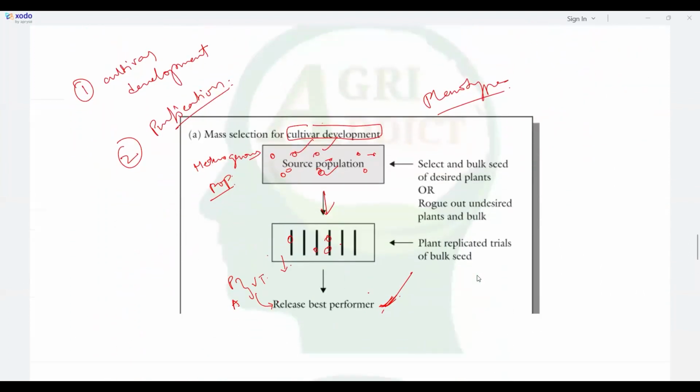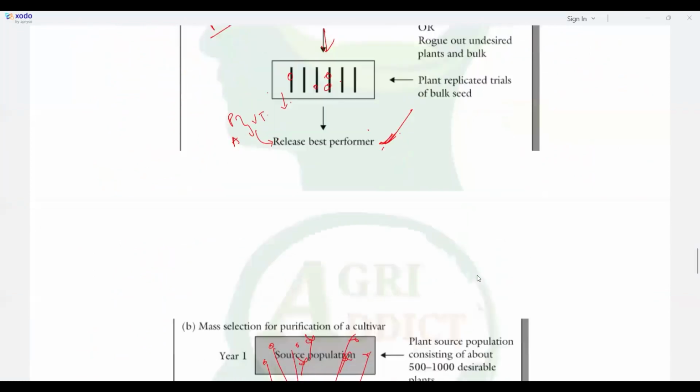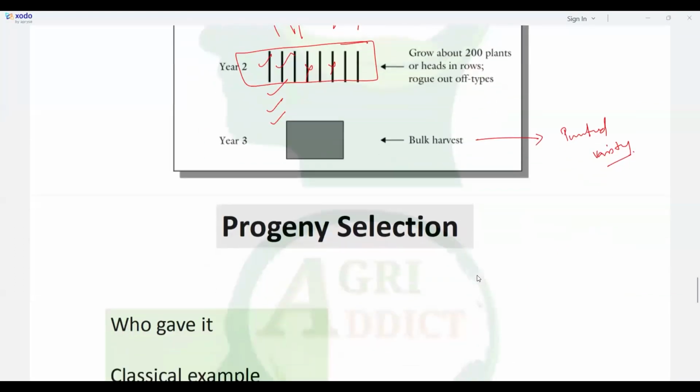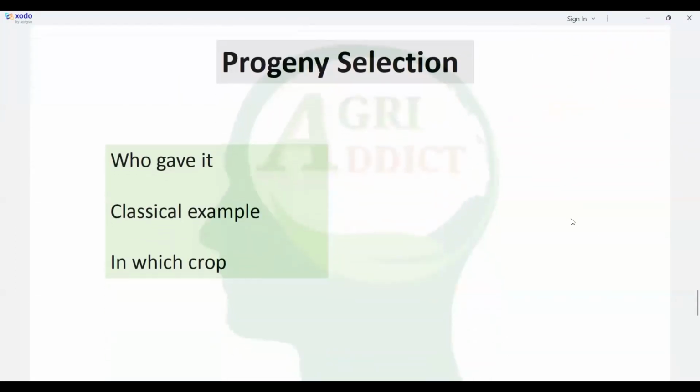Okay. If you are clear with both pure line selection and mass selection, let us get into another breeding method. It is not actually a breeding method, it is a concept that we generally practice in self-pollinated crops. It can also be practiced in all types of pollinated plants.